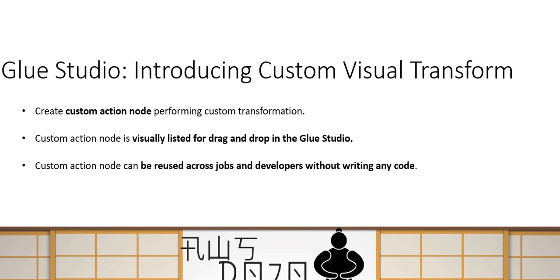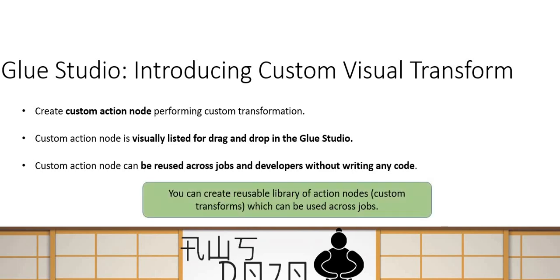And that's very important, because if you are the author of the custom transform, you are writing custom code, creating the custom transformation code and configuring it for reusability. But other developers using it don't need to write the code. They can simply use the configuration to use this custom transform. So that's another beauty: when others are using this custom transform, they don't need to write the code again. They can simply go and use the configuration, just like they use configuration in out-of-box source, action, or target nodes.